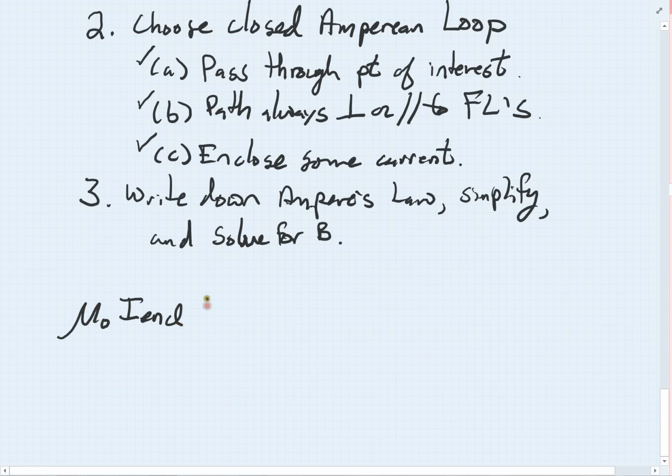Now there is this additional term, and for now, until we come back to it, we can ignore it. There's that displacement current term that we've said is generally quite small. It has a factor of 1 over c squared in front of it. And this then is going to equal the closed line integral of B dot dl. You can write it in any order. This just seems to help the organization a little bit better.